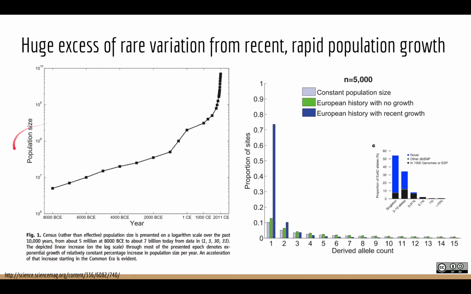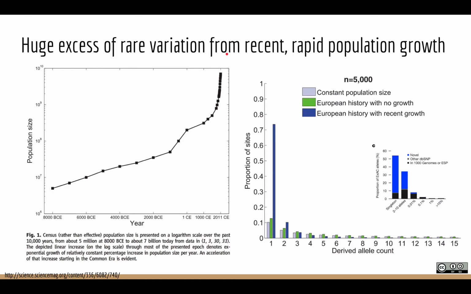If you look back to 8,000 BC, I can't do log ticks here, but let's say like 3 million individuals worldwide. Fast forward to 2000 BC, we're talking about 10, 15 million. And now fast forward to the last millennium, we've gone from under 1 billion to nearly 10 billion individuals. The y-axis is on a log scale, so you can see this explosive population growth.